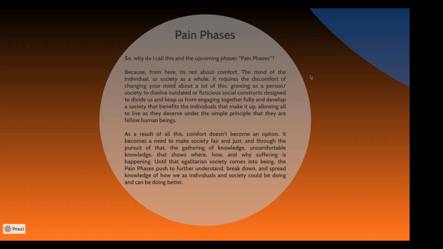When we understand that there are these social constructs such as money, wealth, the economy, the economy is real, but we base it off of a line that is really influenced by a handful of people. So it's like, what are these? As a result of all this, comfort doesn't become an option. It becomes a need to make society fair and just. And through the pursuit of that, the gathering of knowledge, uncomfortable knowledge that shows us where, how, and why suffering is happening, it is not easy.